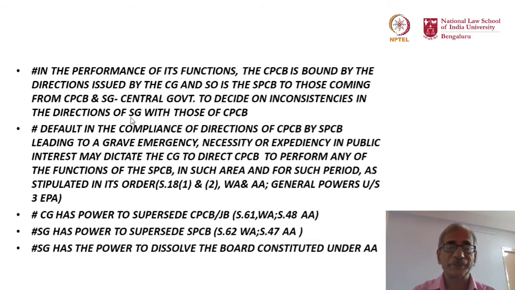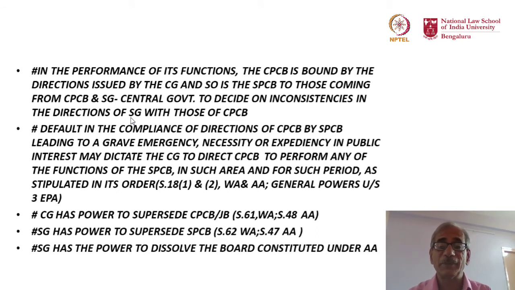Supposing, I'm giving a hypothetical situation, supposing an action that has been taken by the State Pollution Control Board is based upon the directions issued by the state government. Unfortunately, the directions of the state government are at variance with the directions given by the Central Pollution Control Board.